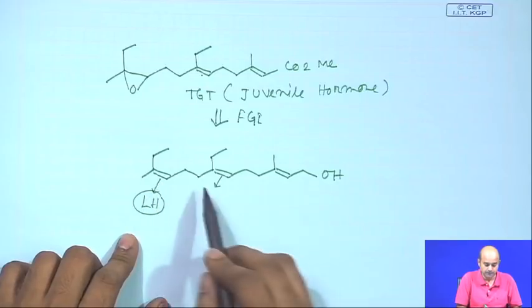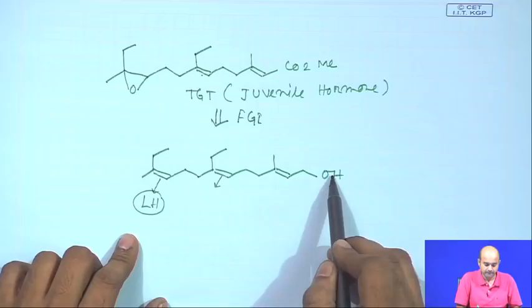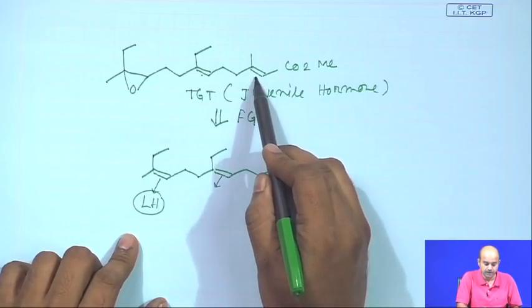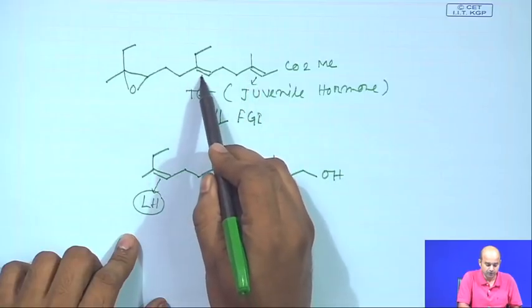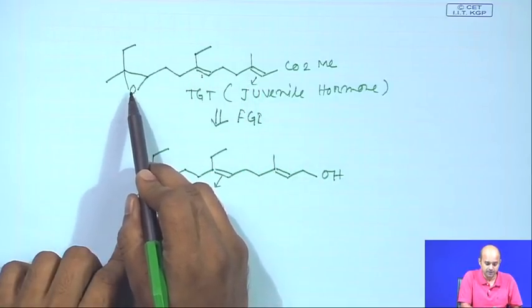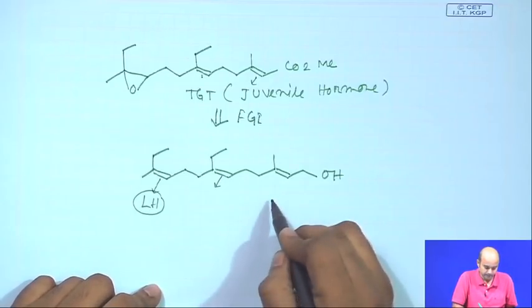So, probably after this allylic alcohol, if you do an oxidation and esterification, this double bond becomes electron deficient. This is electron rich, this is electron rich. Then selective epoxidation can be done here. We will discuss this one later on.